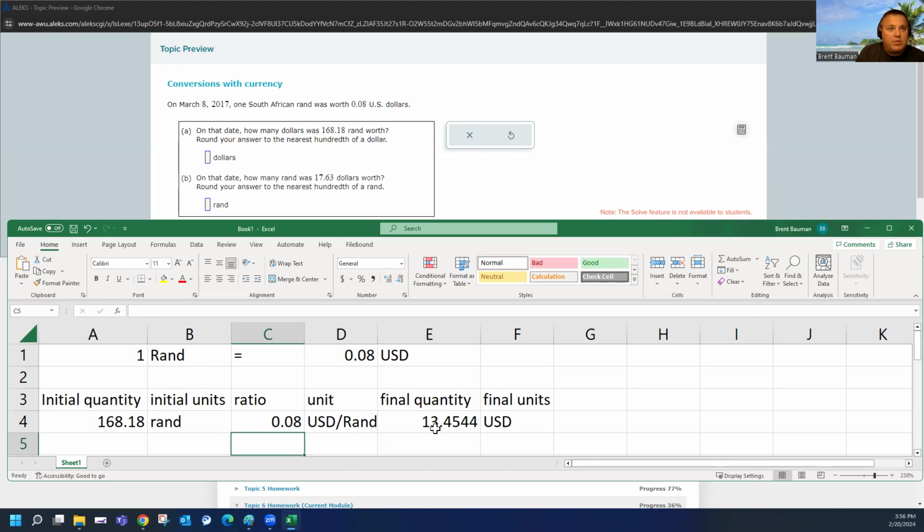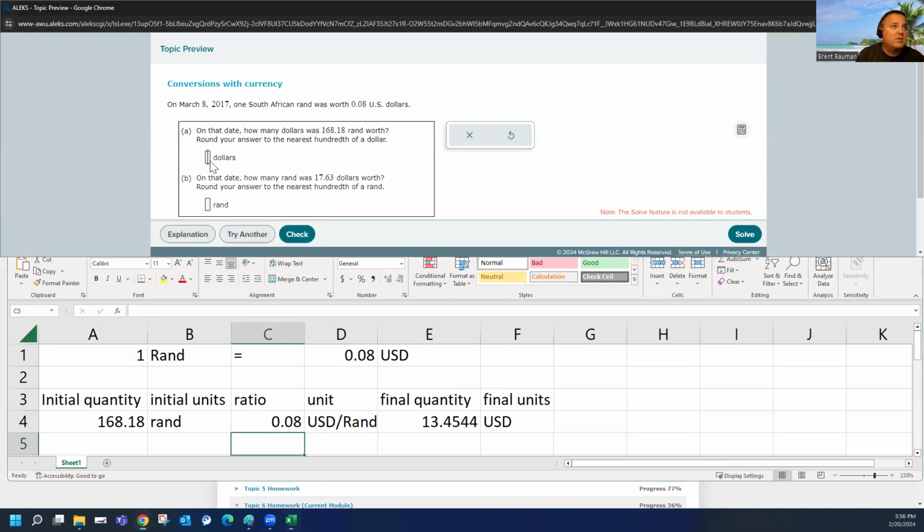And we have 13.4544 US dollars. We're asked to round to the nearest hundredth. So tenth, hundredth. The digit next to that 5 is a 4, so it would stay a 5. So we have 13.45 US dollars.